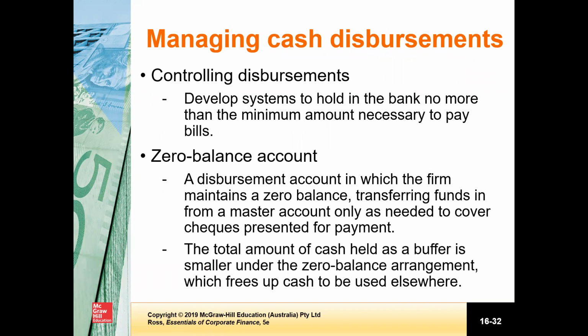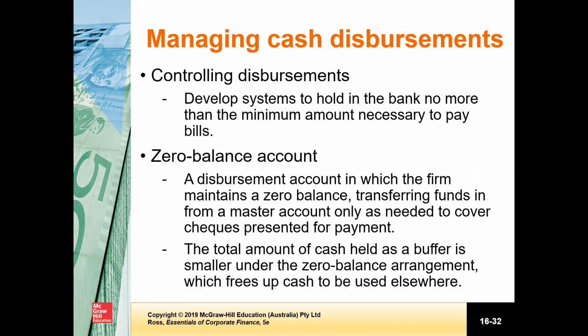Now, managing cash disbursements. From the firm's point of view, to help retain cash and liquidity, the goal is to slow down disbursement as much as possible, but not harm their credit rating. To do this, the firm may develop strategies for processing payments and procedures so as to minimize the need for liquidity for payment purposes.